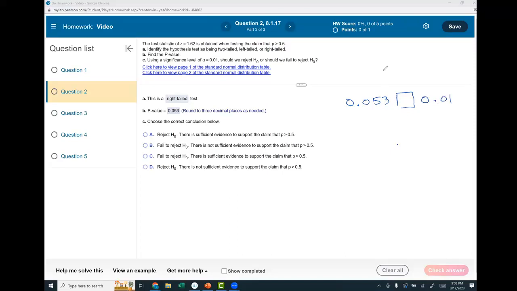Well, we can see that this is definitely bigger than this. That means if I were to draw a picture, and here is my rejection area, and the area here is 0.01, then what I have, 0.053, is going to be in the fail to reject.